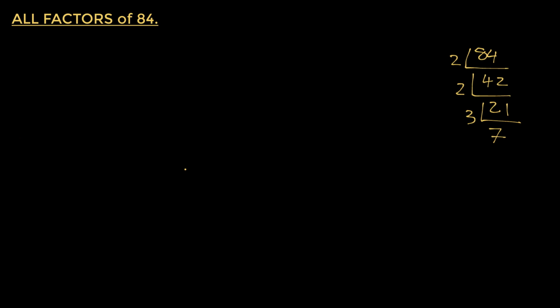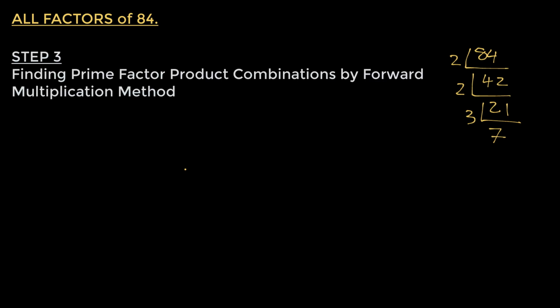Now we go to step 3, finding prime factor product combinations by, let us say, the forward multiplication method. There is no such standard method. For convenience, we shall call it the forward multiplication method, and you will come to know what it is.